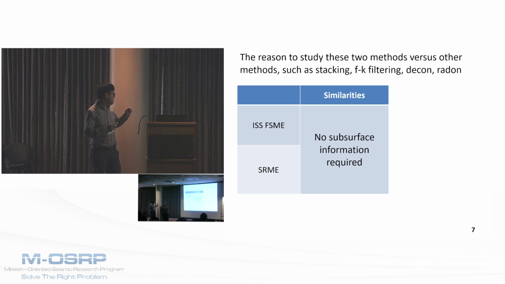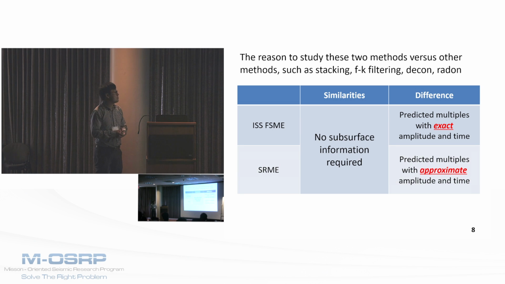There are also differences between these two methods. The ISS free surface multiple elimination algorithm provides free surface multiples with accurate time and accurate amplitude in principle, whereas the SRME method in principle predicts the free surface multiples with only approximate time and approximate amplitude.